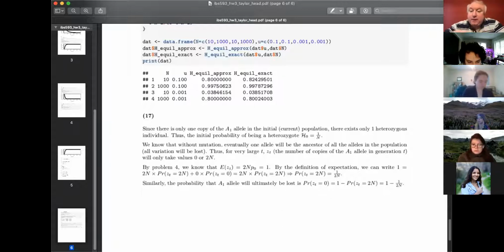The variance in frequency goes to 0, which means the actual frequency must be 0 or 1. So the probability of being 1 times 1 plus the probability of being 0 times 0 has to equal its current frequency. Therefore, 1 times the probability of it being 1 ultimately is its current frequency.